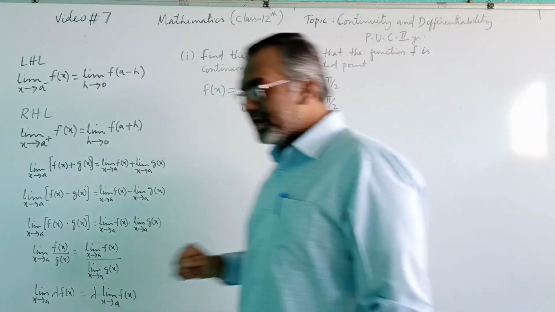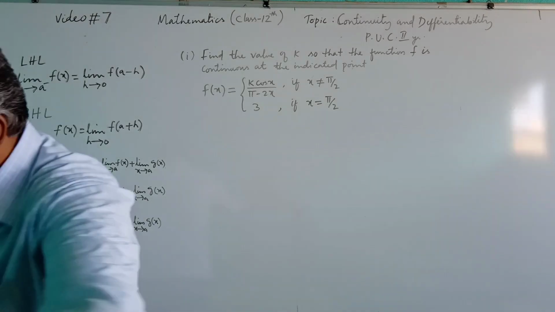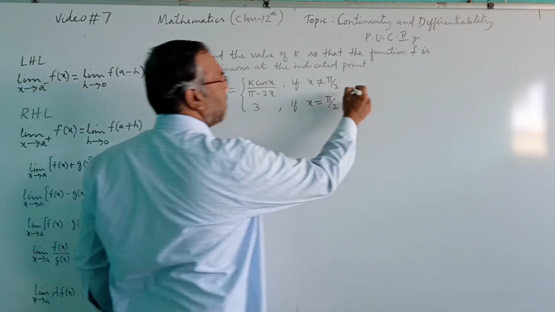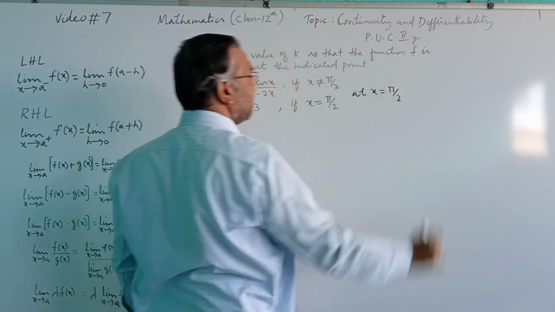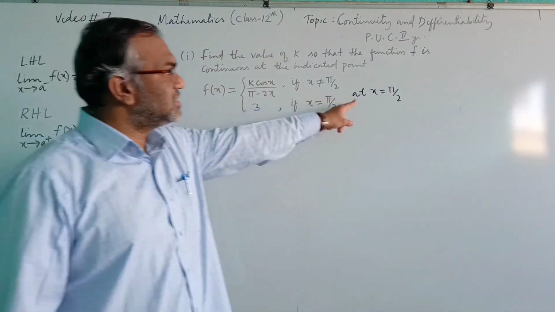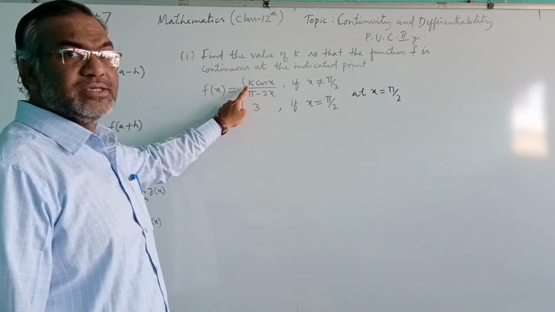Here the indicated point is pi by 2. We have to find the value of k.